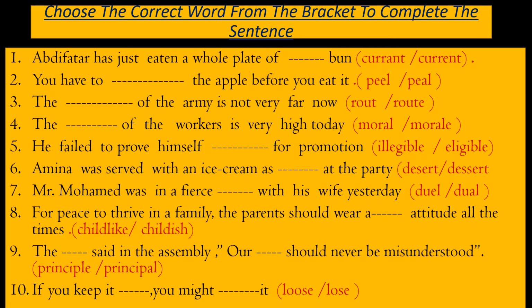We can also use the word current, second one, to mean the movement or motion of water bodies or wind, the ocean current. In your social studies, you have learned more about current. So our answer is the first currant. That is what we will use. So the question should be read as Abdi Fattah has just eaten a whole plate of currant bun.